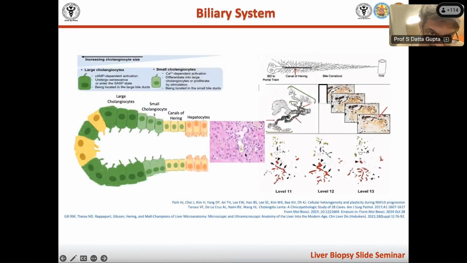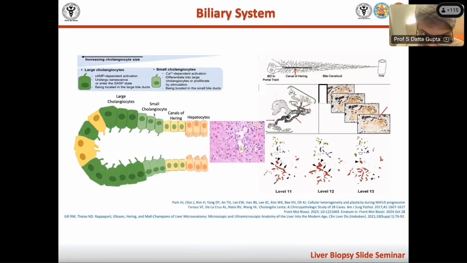So you see, in the hepatocytes, then you have canals of Hering near the portal tracts. Then it forms the bile ductules, right? So from canaliculi, canals, then you have the ductules lined by large and small cholangiocytes.